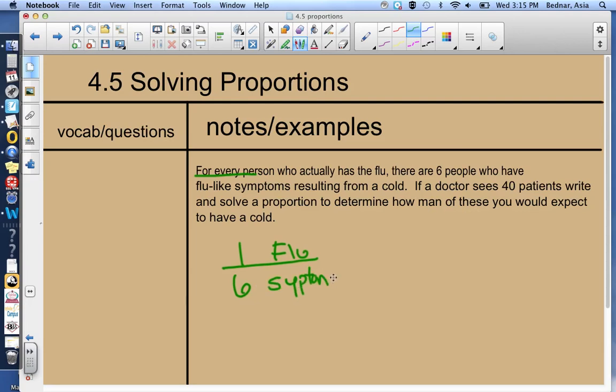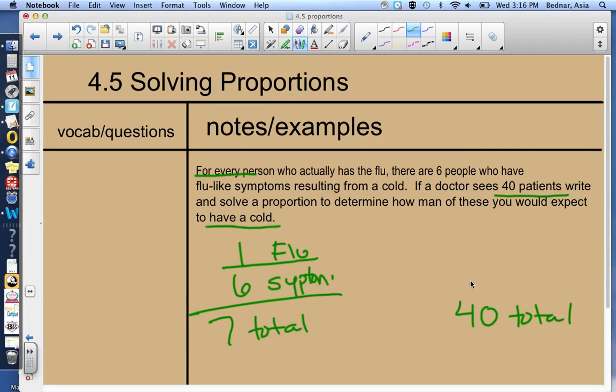So how many total people were there? There were 7 total people. If a doctor sees 40, 40 is the total. I want to know how many just have a cold, and the cold were the symptoms. So I want to know how many have a cold if there were 40 total.